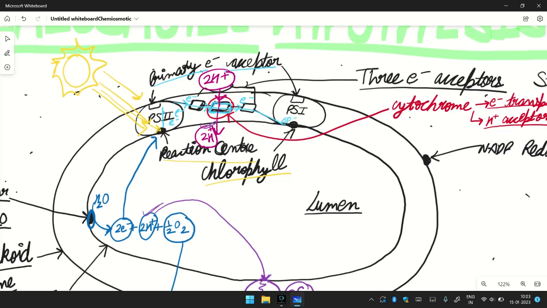So now here again our electrons get excited by the sunlight. These also get excited by the sunlight.